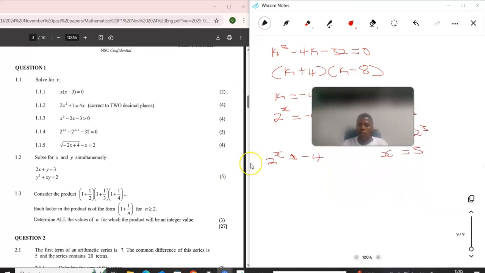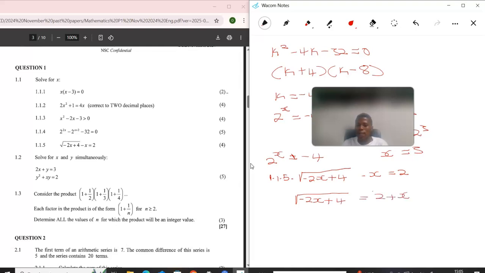Okay, fine. Let's do 1.1.5. It says root of 2x plus 4 minus x is equal to 2. We're going to transpose that x. You're going to get root of 2x plus 4 is equal to 2 plus x. Therefore you square both sides.